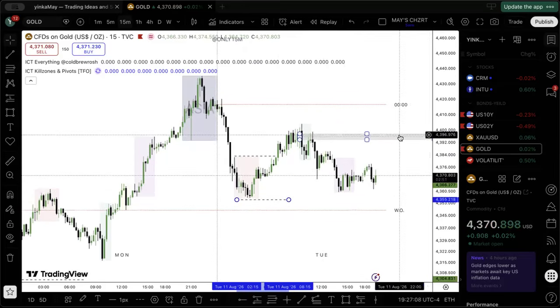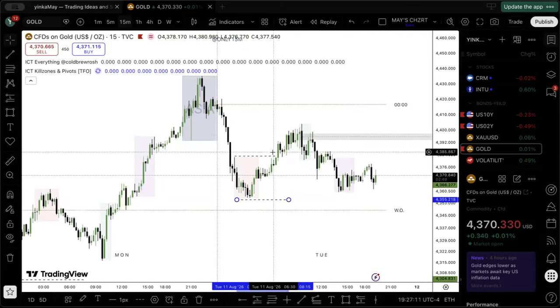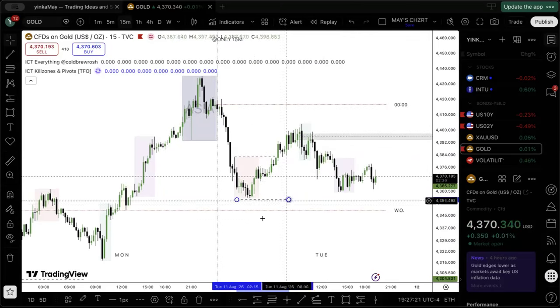Now, look at this. The thing you just want to mark out is this. Now, the concept of liquidity is that price would aim for liquidity above and below. So it would aim for buy side liquidity and then aim for sell side liquidity. A good analogy for this is you work in an office, right? We do not, but let's use that analogy.